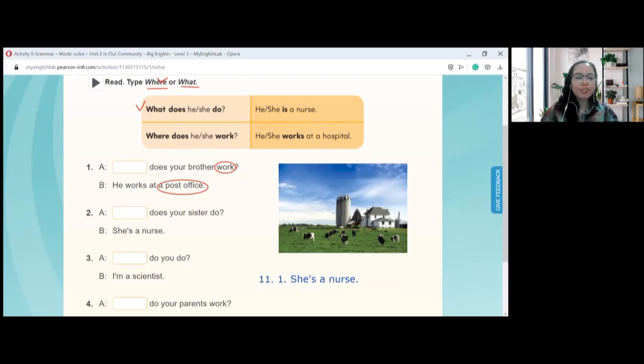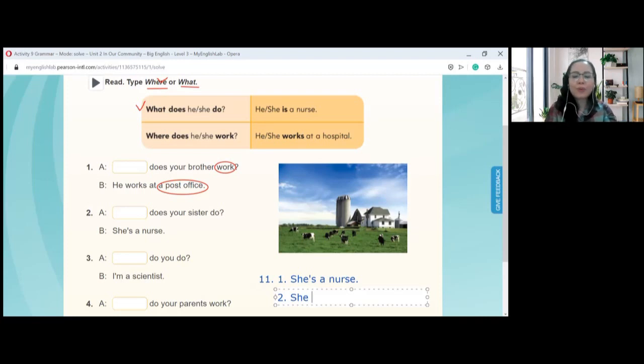Activity 11, number 2, where does she or he work? So, number 2 on activity 11, because we are using question word where, so it needs the name of a place. For example, she, okay, at the last of the question, there is a word of work, right?